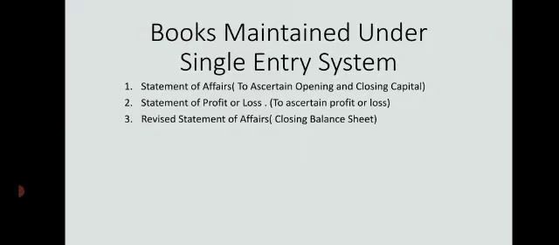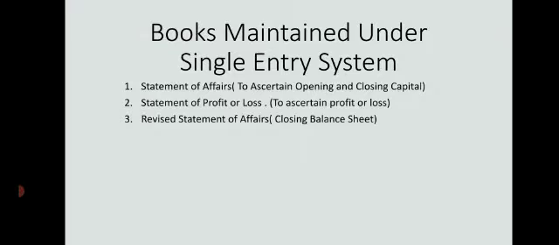Under single entry system we prepare a statement of affairs on two different dates, depending upon the problem. If opening and closing capital both are missing, then we prepare the opening statement of affairs and the closing statement of affairs to ascertain opening and closing capital.